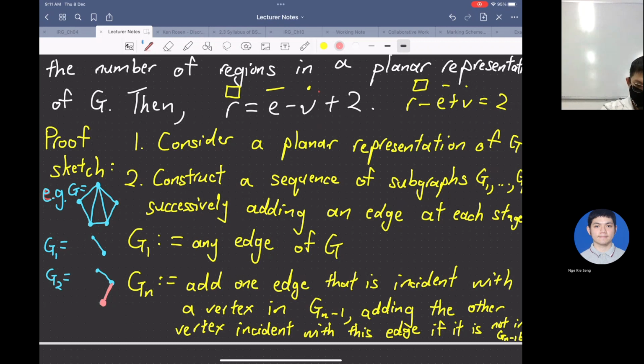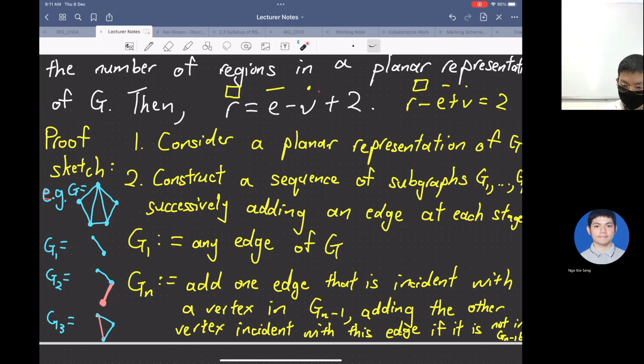Next, we can keep going and construct G3. Maybe we choose to add this edge here. But here you already have both vertices appearing before, so you don't need to add a new vertex. And then you can keep going, adding all the edges until you get the whole G.